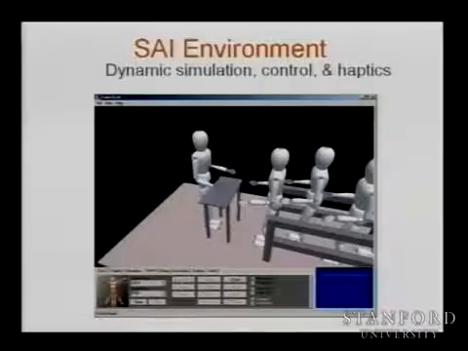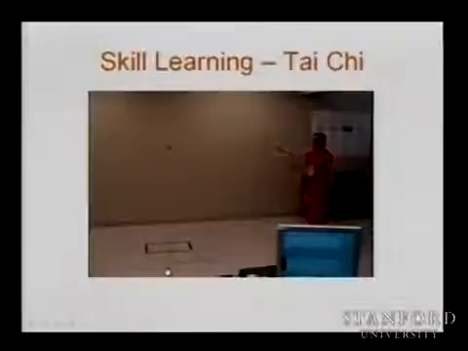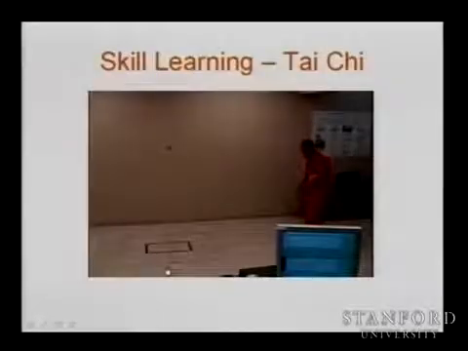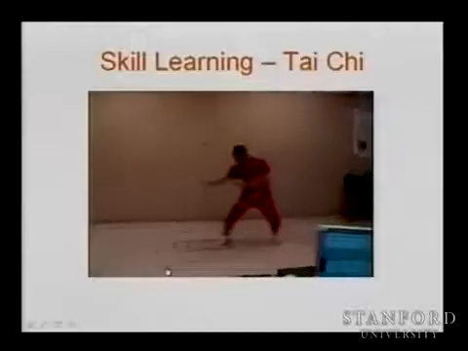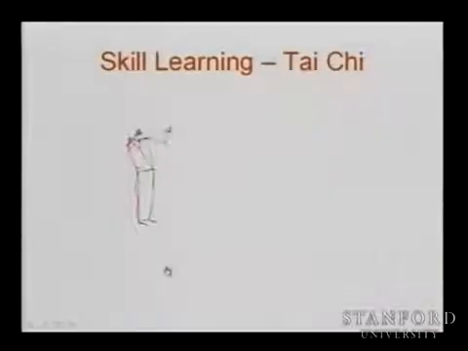Well, this is the environment we developed that also contains neuromuscular models that can be used to analyze and look at humans. This is a recent work on Tai Chi analysis, and the master here from Beijing is performing a motion that we can record, and then we can analyze the motion.